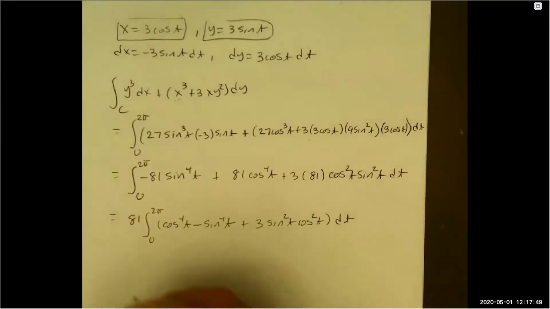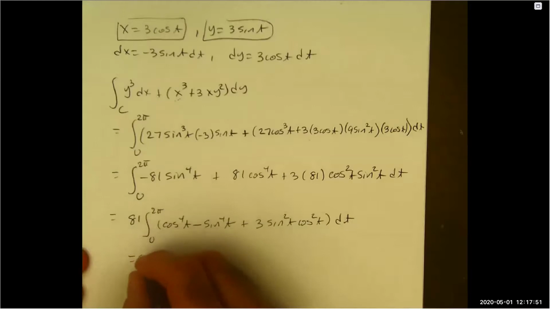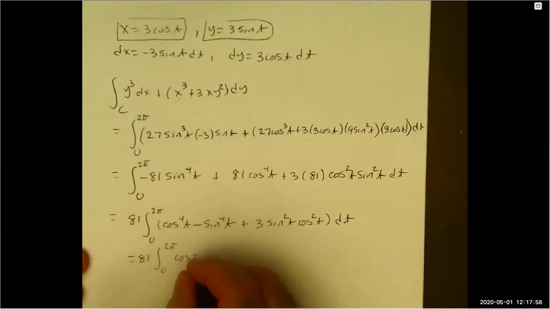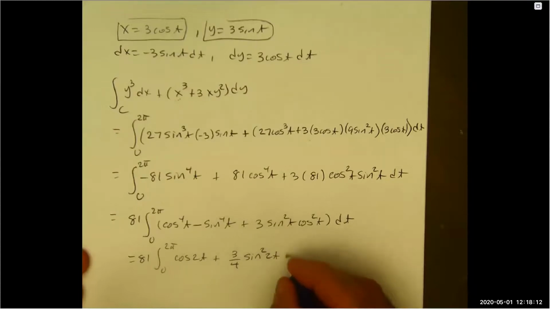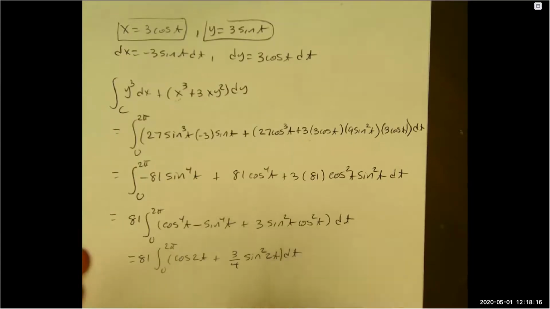So here we're going to have 81, from 0 to 2 pi, cosine of 2t, and then this part is going to be 3/4 sine squared of 2t. So we have that.